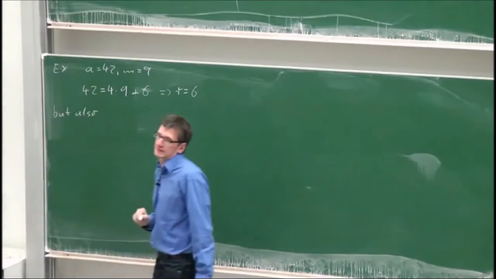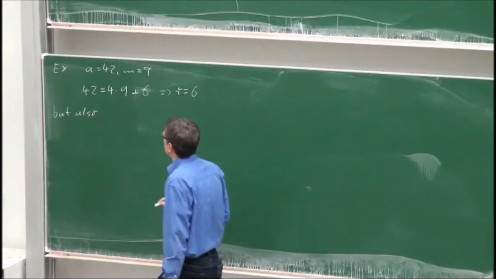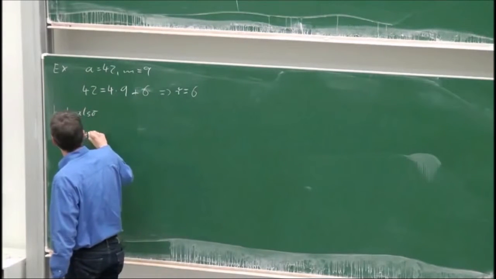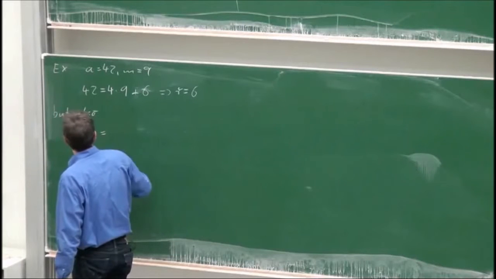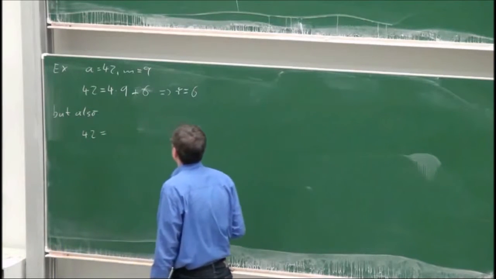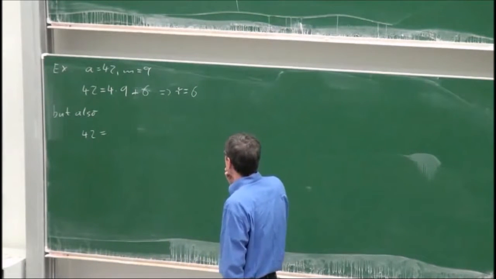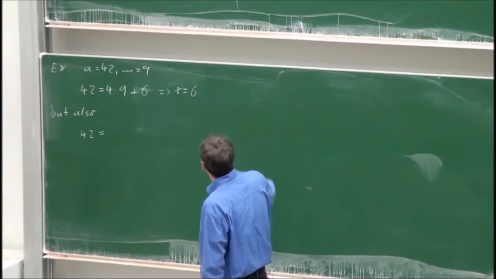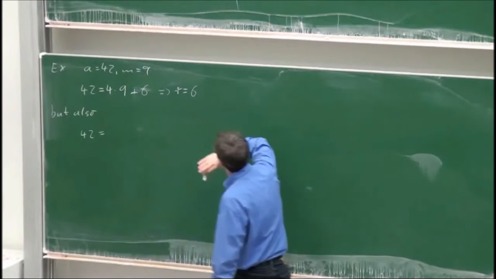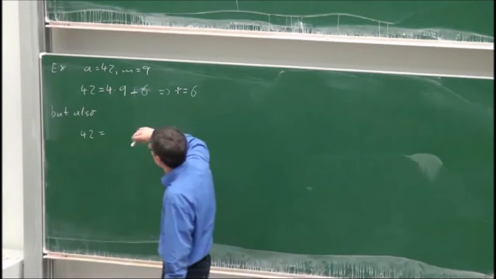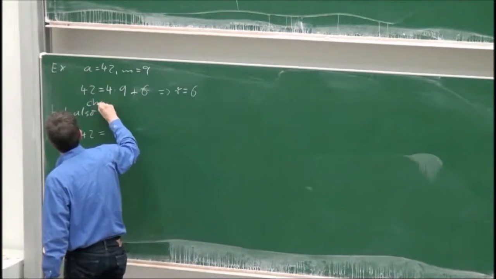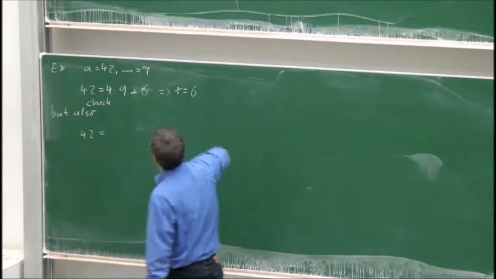But we can do more things. So this holds, but we can also do things that are very unpleasant. For instance, we can say, oh yeah, and here, maybe let's write that down, this is r equal to 6. If we do a check here, we check according to this definition.